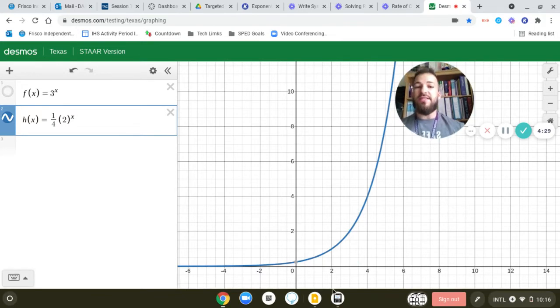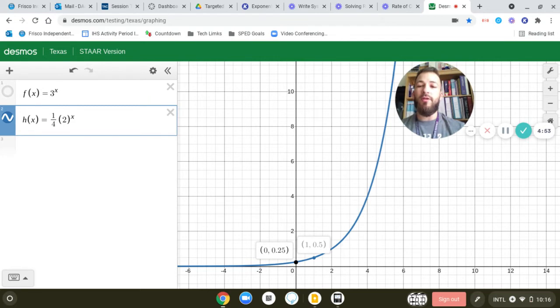Notice things are a little bit different. Now my y-intercept is 1/4 because my initial value here is 1/4. As I keep going, I'm multiplying 1/4 by 2. So 1/4 times 2 would be 1/2, or 0.5. I'm multiplying by 2 each time.